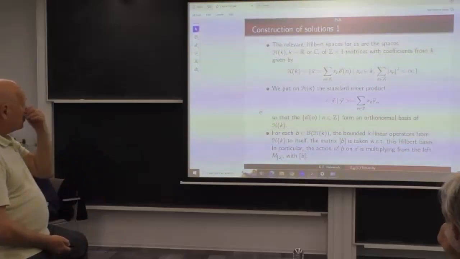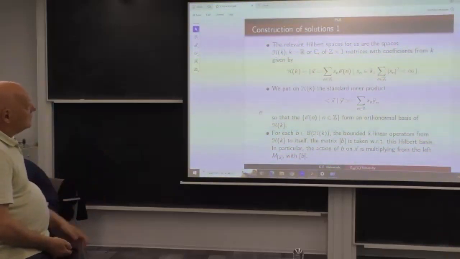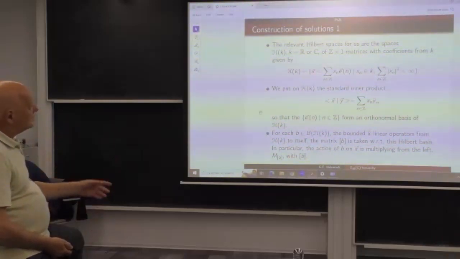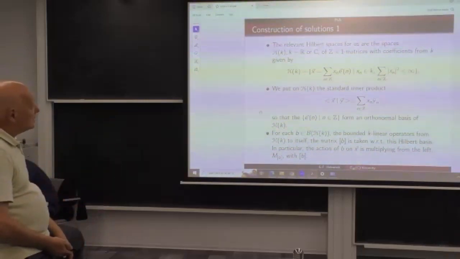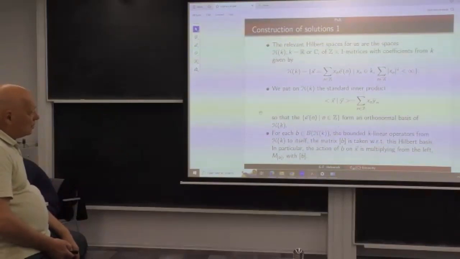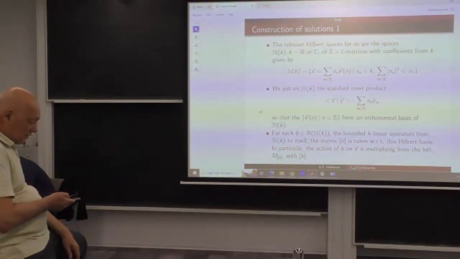Now, I work with the Hilbert space HK, and in the real case the coefficients are in R, and in the complex case they are in C. A bounded operator is then multiplying from the left with the matrix B.